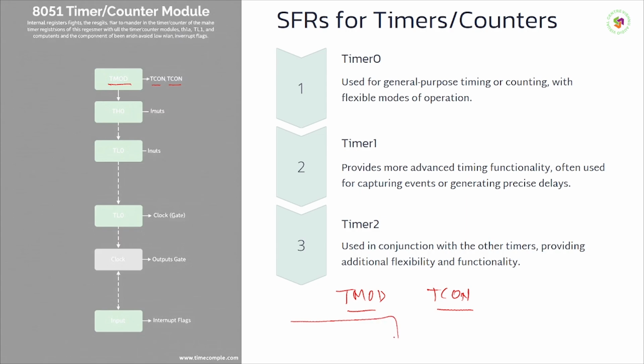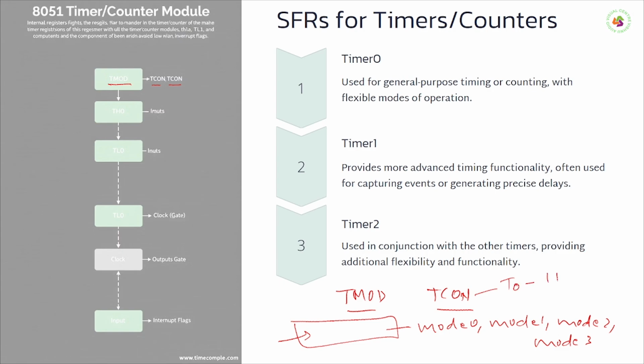Timer mode changes the mode of operation, where there are four modes: mode 0, mode 1, mode 2, mode 3. We can change the mode of operation with the help of the timer mode register, and we can also change the control.